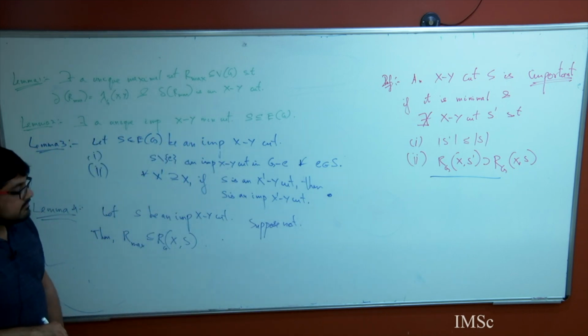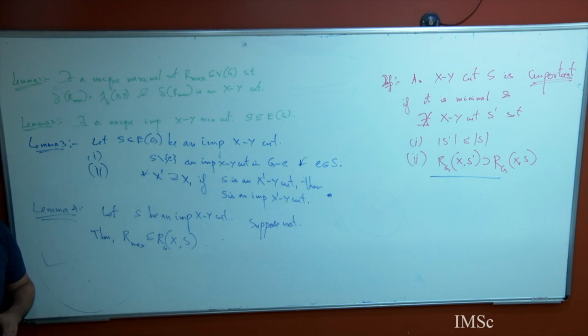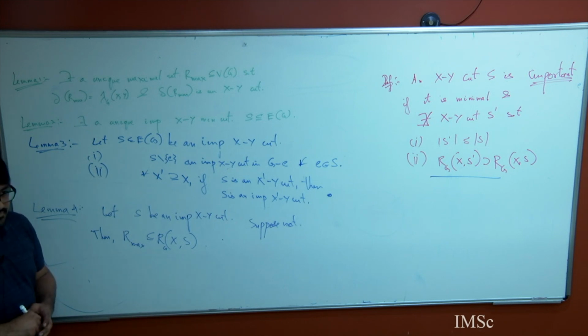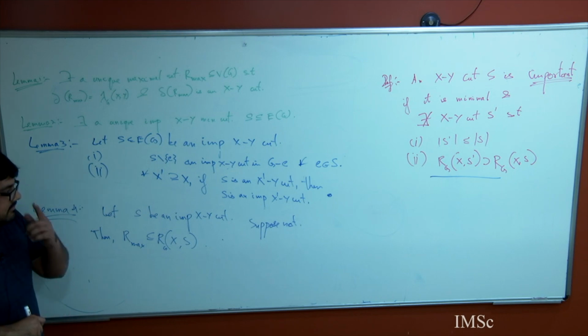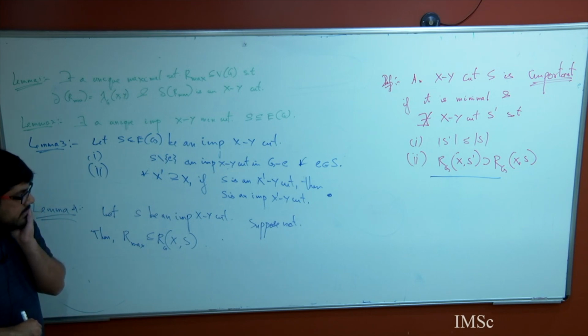Can't we just use this definition? Because we know that R max is exactly this important X-Y min cut. And you know that R_G(X, S) must be a superset of this R_G(S, ...). But why can't I have...?